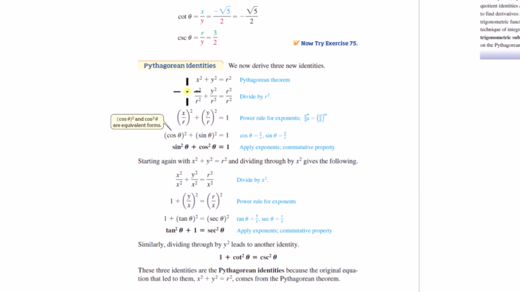Now, you might be confused by this. Just remember that the definition of the trig functions is set up so that this equation, x squared plus y squared is equal to r squared, holds even if we're not thinking about the definition of trig functions. You can think about, in any quadrant, the distance between a point and the origin being equal to this.